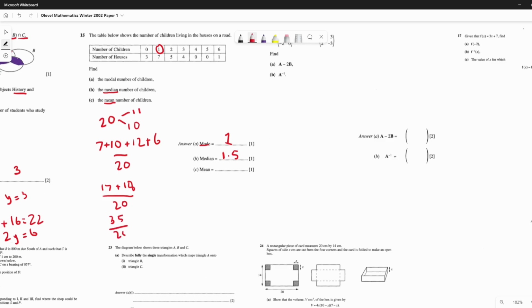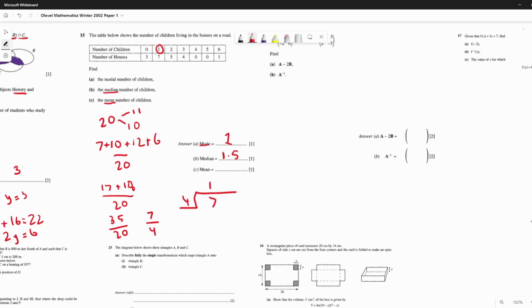And this would just be, well, 5 sevens are 35, and 5 fours are 20. And now we can do some long division to figure this out, because I'd rather give it as a decimal than a fraction.